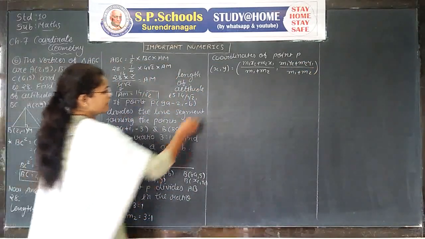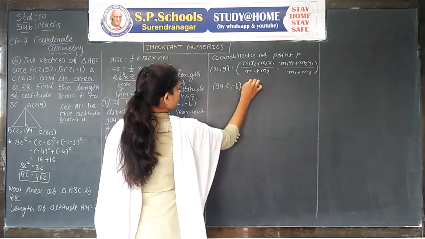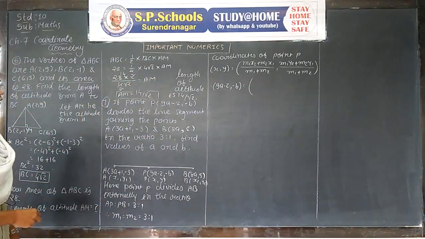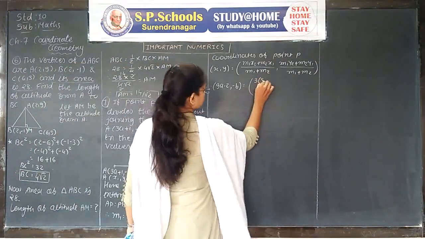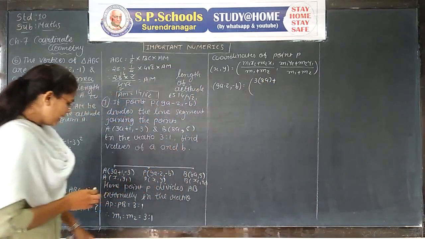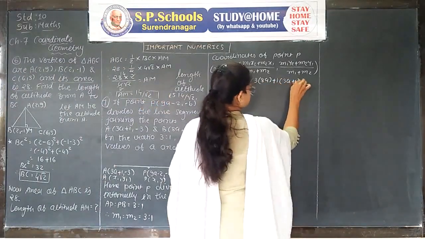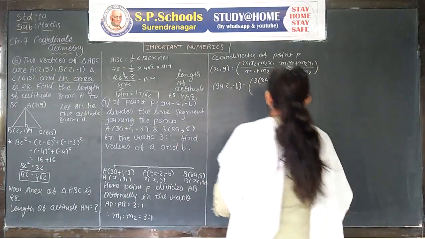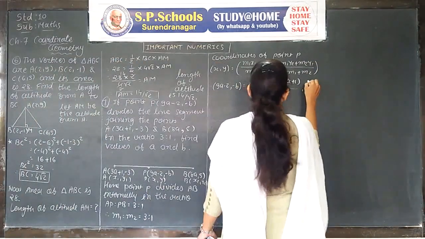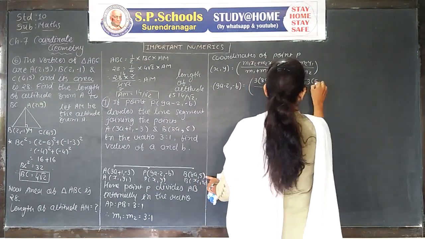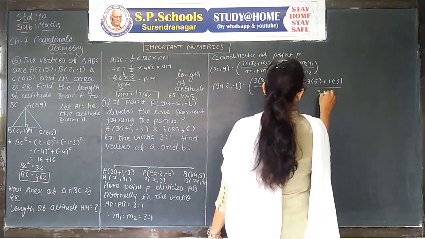Instead of xy, 9a minus 2 comma minus b is the value of x, y, the coordinates of point P. m1 is 3, x2 is 8a, plus m2 is equal to 1 and x1 is equal to 3a plus 1, upon m1 plus m2, 3 plus 1. m1 is 3, y2 is equal to 5, m2 is equal to 1, y1 is equal to minus 3, upon m1 plus m2, 3 plus 1.